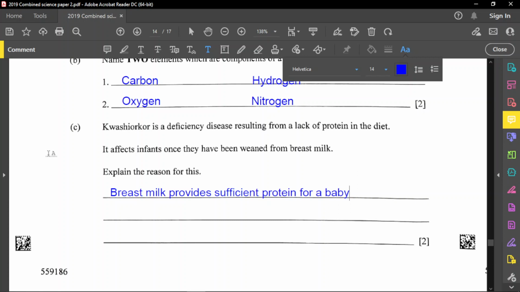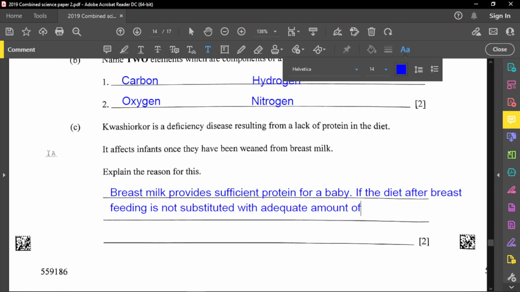That's very important. And so if the diet after breastfeeding is not substituted with an adequate amount of proteins, then the child will lack protein or have a deficiency in protein.